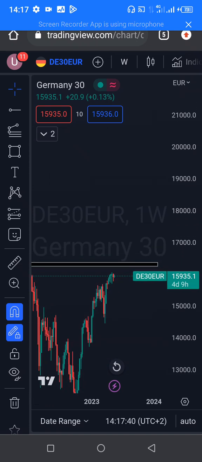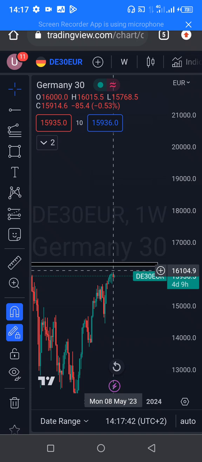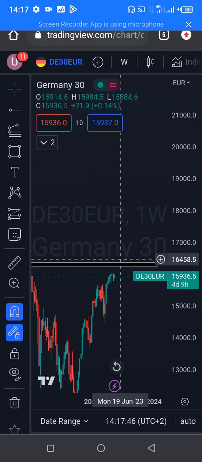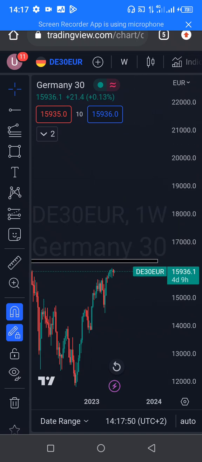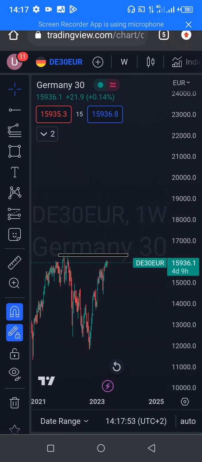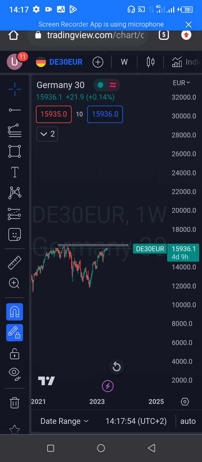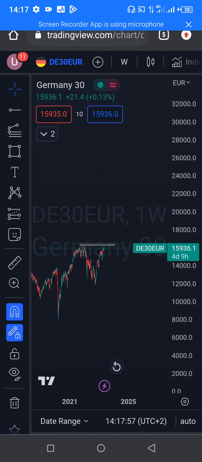So it seems like we're coming to this support here, and then it seems like we're going to break this support, retest, and then all the way up. The point is up to where, I don't know. Where is my TP? I don't know.